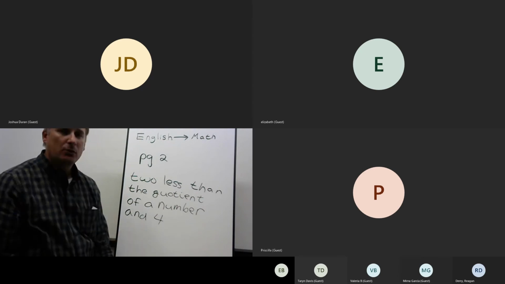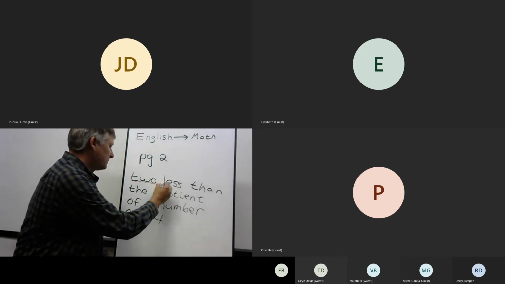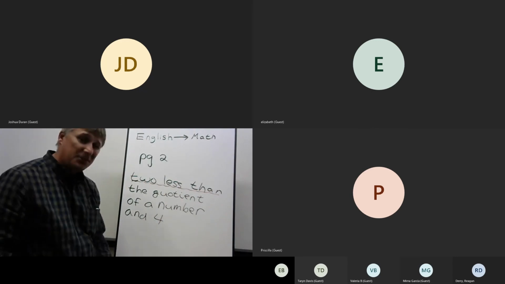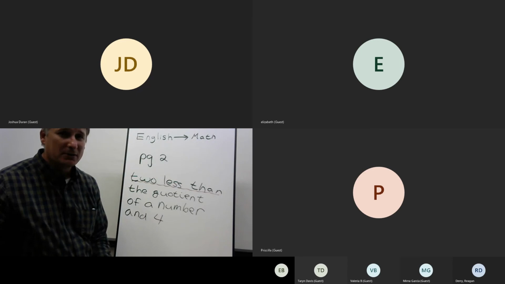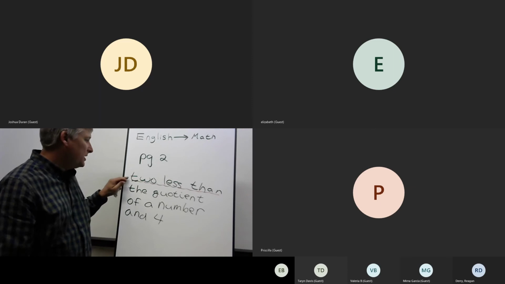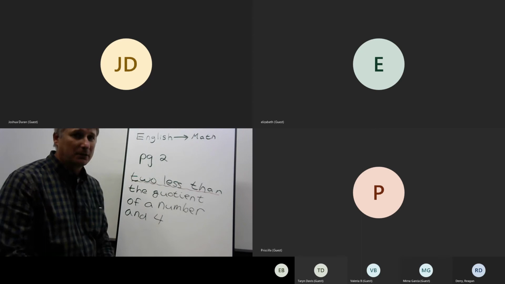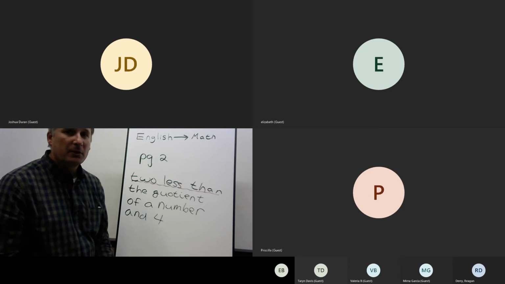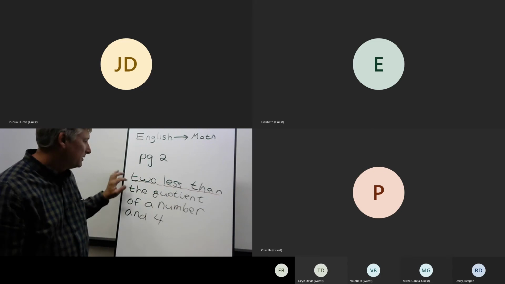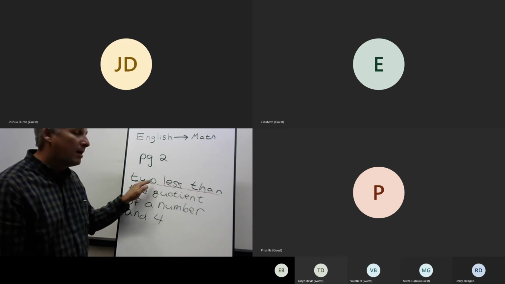Well, one thing we can do is copy edit. Now, 2 less than. Let's go back to page 2. This is one of those unusual kinds of subtractions where even though the number 2 is first, when you take 2 less than something, that means you're subtracting 2 from it. If we wrote this in more familiar terms, you'd say the difference of whatever's going on down here and the number 2. So it's whatever's going on down here minus 2.